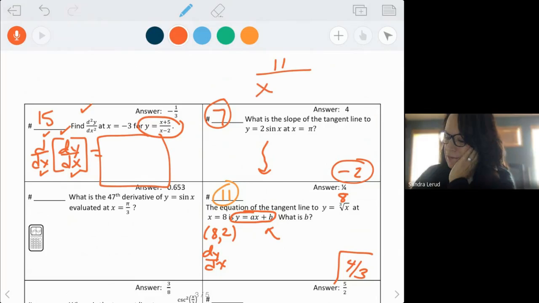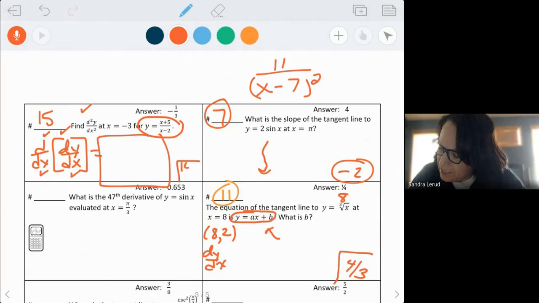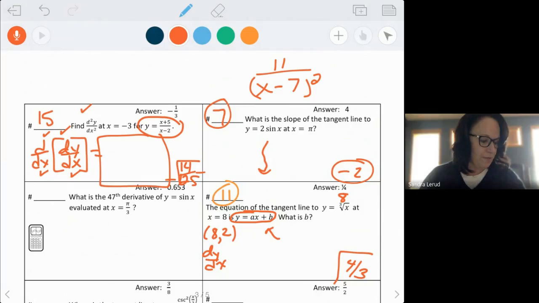And you're going to have something on the bottom. Let's pretend it's x minus 7 squared, which it's not. You have the choice of doing quotient rule again for your second derivative, low d high minus high d low, draw your line and square below. Or you could write this as 11 times x minus 7 to the -2, and then just do power rule, which is what I suggest. Either way, though, that answer should lead you to a 14 over a -125, and that'll be our number 16, which will be the end of this video.